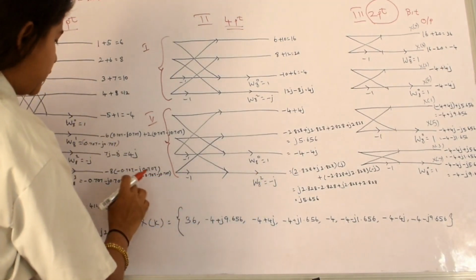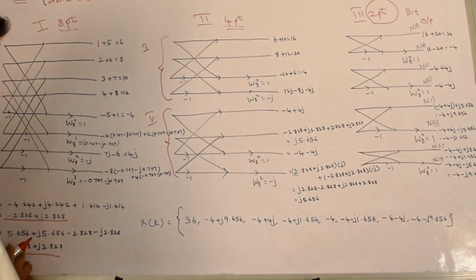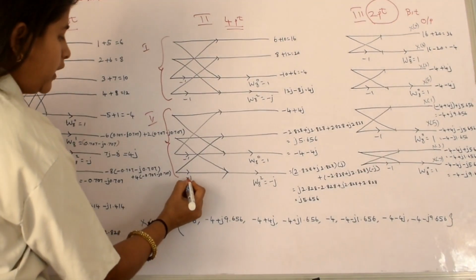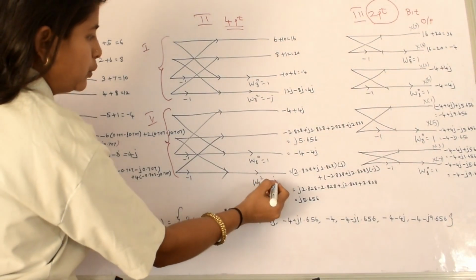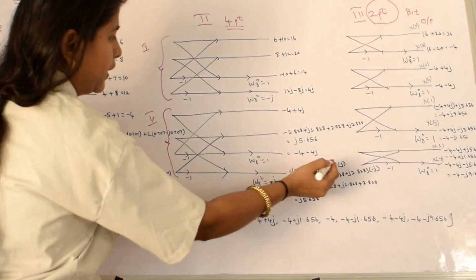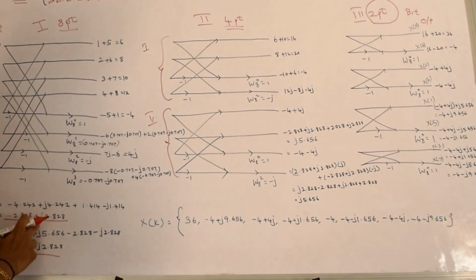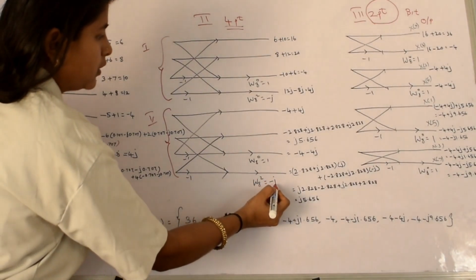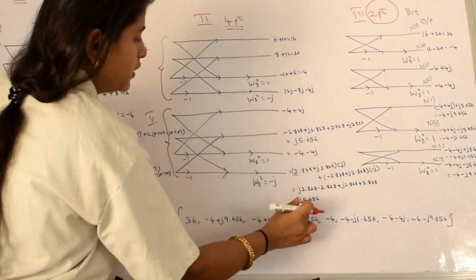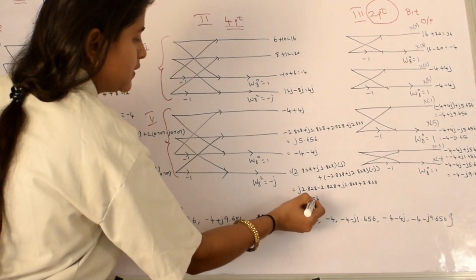For this next sequence, you have the answer here, 2.828 plus j 2.828 into -1 into -j, so it gives you plus j. The second sequence comes from here, the answer into -j. I have simplified this one, and your answer is j 5.656.